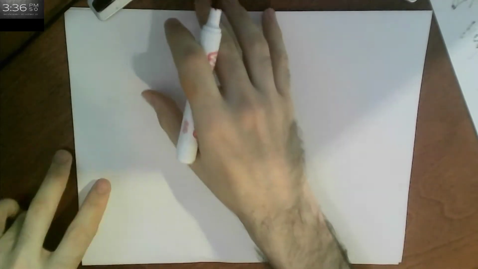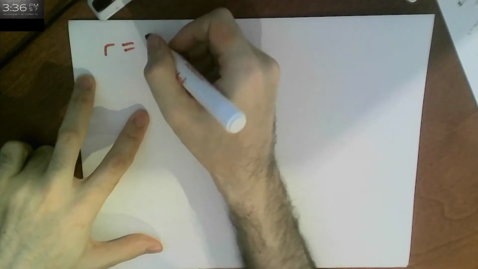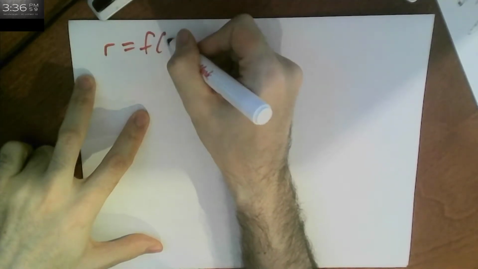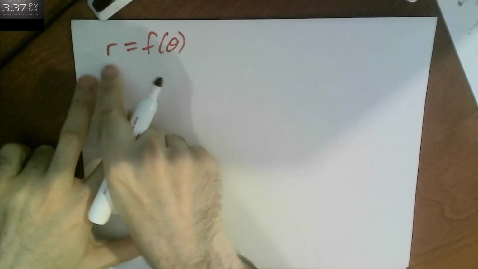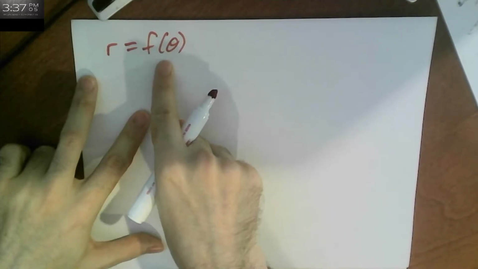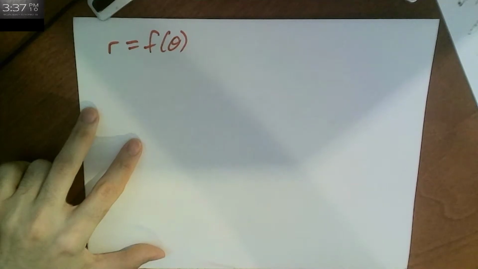Starting off polar, right? So if you really remember polar well anyway, speed this part up. That's okay. For polar graphing in this course, and as you've done in the past, we're going to be thinking of r as some function of theta, that a radius out from the center point is some function depending on the angle of sweep starting at the positive x-axis, also known as the polar axis.